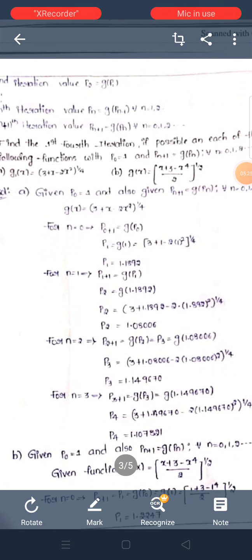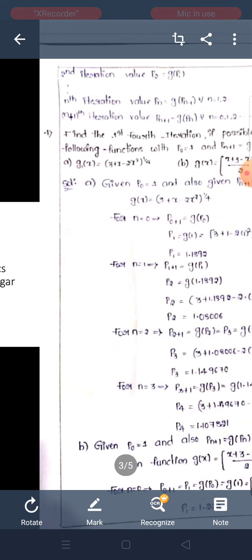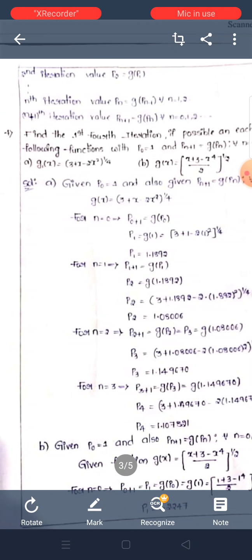Next, part (b). Given P0 is equal to 1 and also Pn plus 1 is equal to g of Pn for all n is equal to 0, 1, 2, and so on. Given function g of x is equal to (x plus 3 minus x power 4 by 2) power 1 by 2.